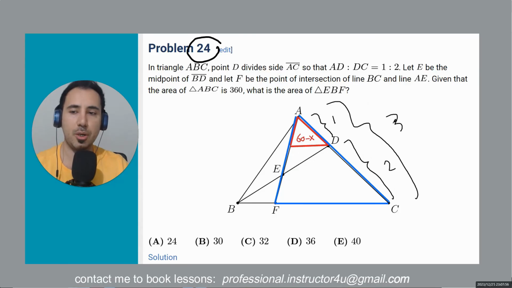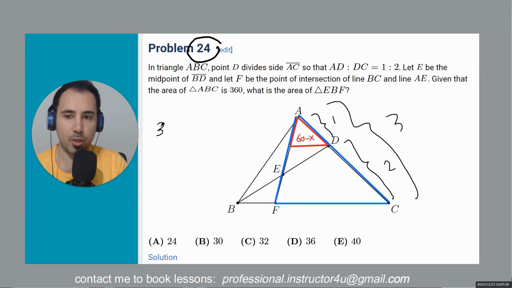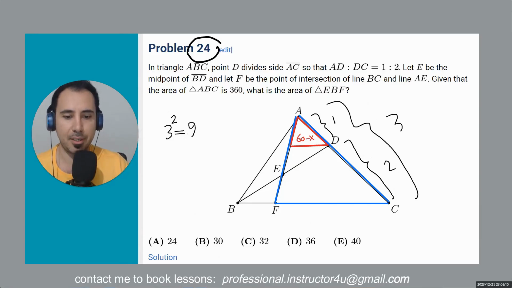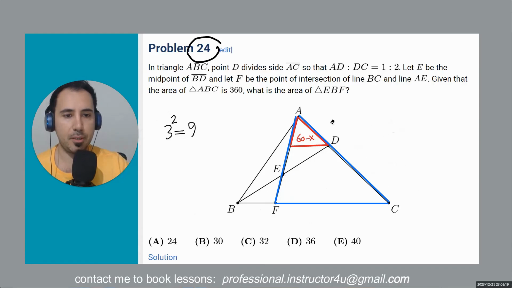So the ratio of the areas is 1 to 3, and we have to square this. So the ratio of their areas is 3 squared. The big one is 9 times the red one. That's very good. So I'm going to write it right over here.